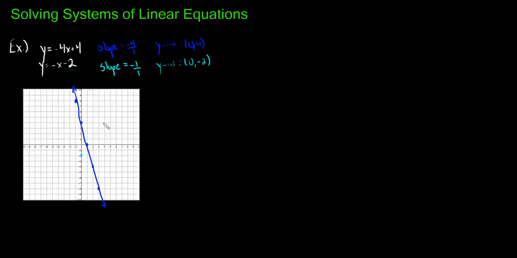I'm going to use that slope. Down 1, right 1, down 1, right 1, down 1, right 1. I'm just going to keep doing this until I run out of room or patience. And I'm going to go backwards as well so I can get a nice full graph, and I'm out of patience. Alright, so now I'm going to connect these.